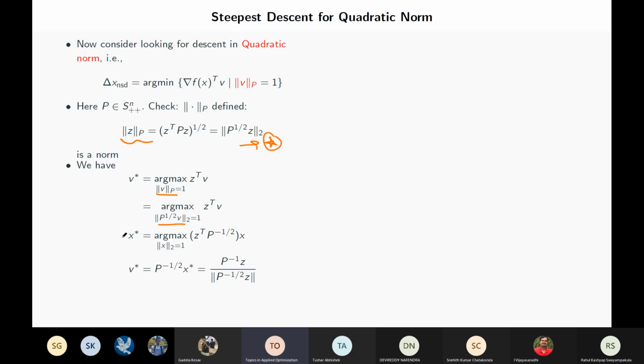Now let us define x star to be the arg max of z transpose P minus half x, with the 2 norm of x equal to 1.